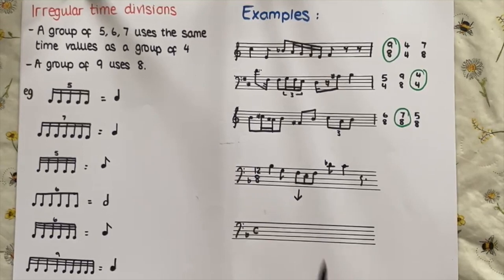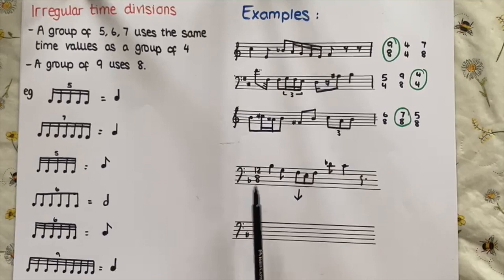So now here at the bottom, we've got a bar written in compound time, and we need to put it into simple time. Again, this is an example taken from the ABRSM paper. So it's written in 12/8, so that's 12 quavers per bar, and we need to put it into 4/4 or common time.